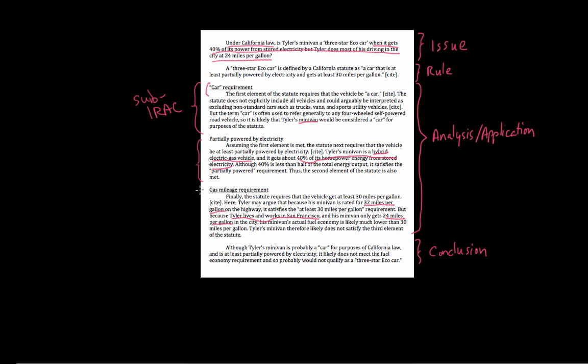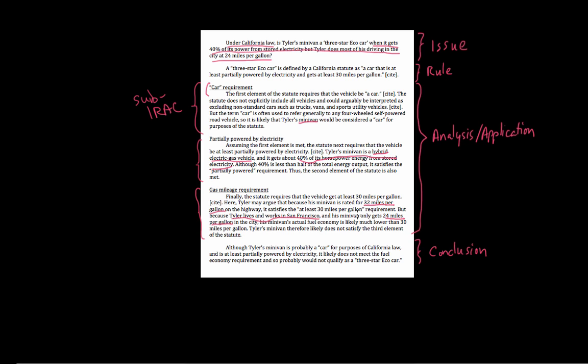And we do the same thing for the third element, the gas mileage requirement. Our issue for this third sub-issue is whether the vehicle gets at least 30 miles per gallon. Here again, we don't have a statute that tells us what is getting at least 30 miles per gallon. So we have to use our best judgment.